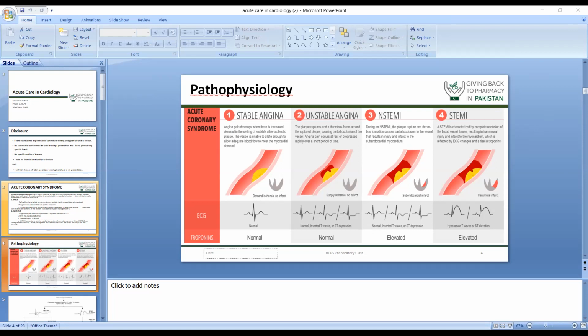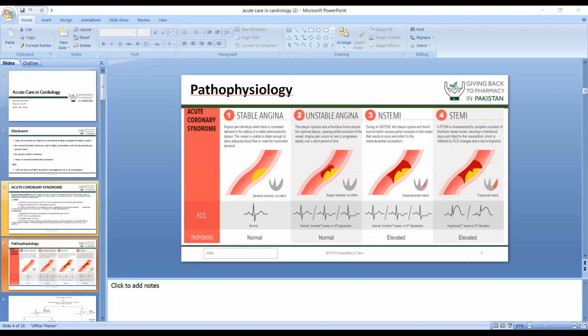STEMI and non-STEMI are almost similar from a pathophysiological point of view, but non-STEMI is not represented on the ECG. That's why they have to dig it out and diagnose on time so that they can save a major event. Stable angina and unstable angina are a little bit different.